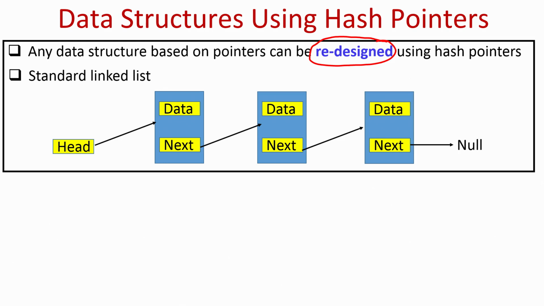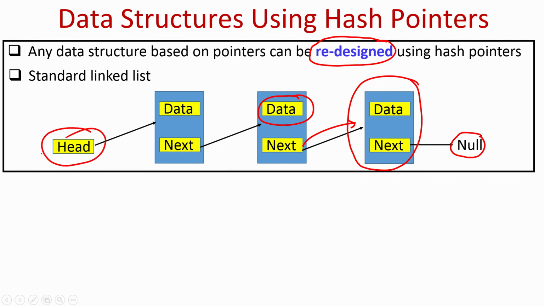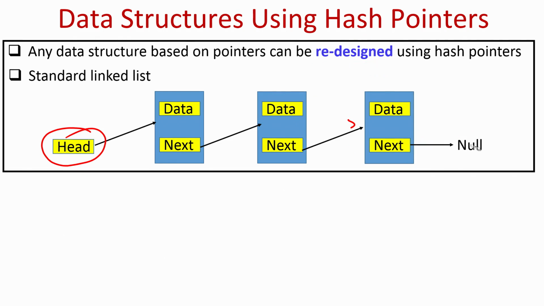This is your last block, and since there is nothing after it, its next pointer is set to null. We have the previous block with the data and a pointer pointing to the next block, and so on, and like that we have the head pointer. So, that is a standard linked list, which I guess all of you might be aware of.